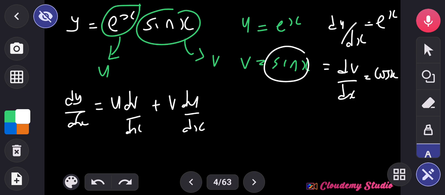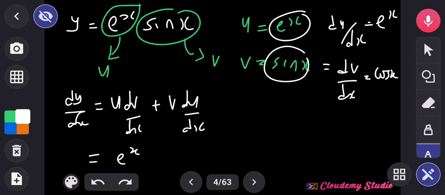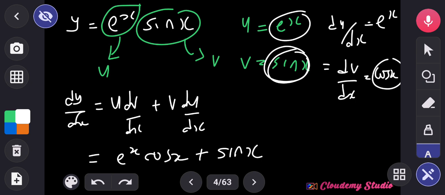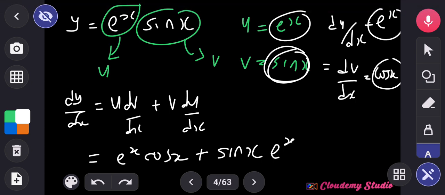So in this case, what is our u? Our u equals to exponential x. So I'm going to write exponential x. What is our dv? Our dv equals to cos x. That's exponential x cos x. Plus, what is our v? Our v equals to sine x. So we're going to have sine x multiplied by du upon dx, which equals to exponential x. The next thing we can do here is that we have common factors.